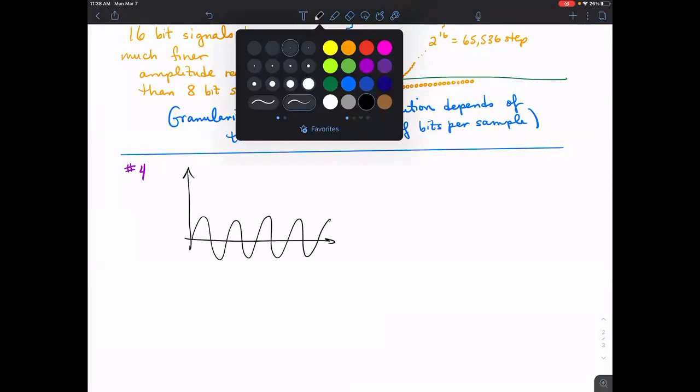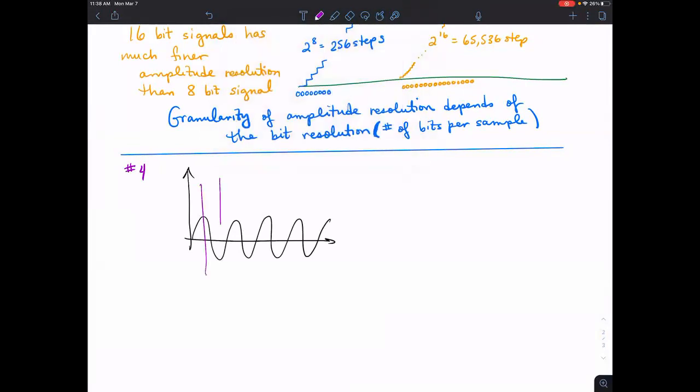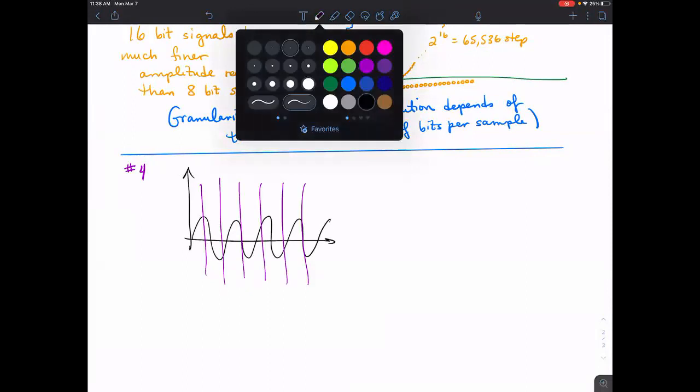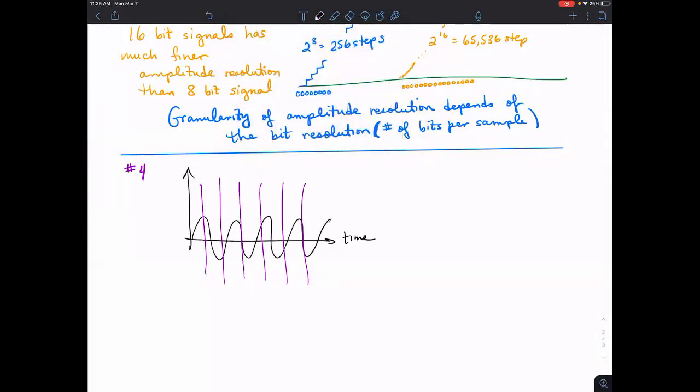Then the sampling frequency determines how often in time this is going to be sampled. In this case, the sampling frequency would correspond to only these purple dots being encoded.